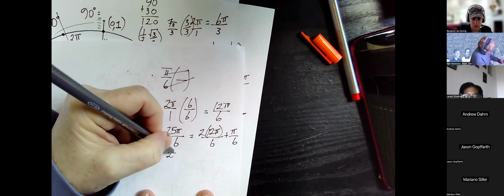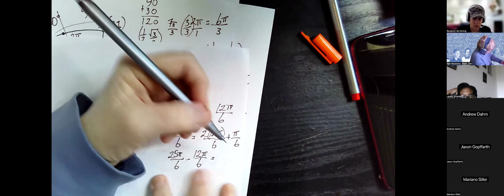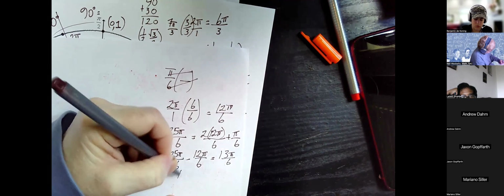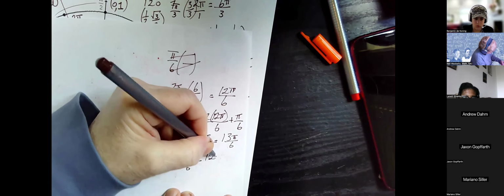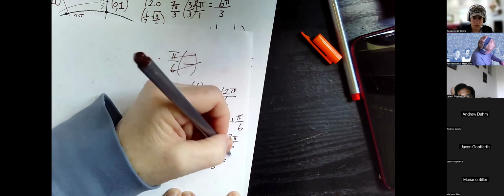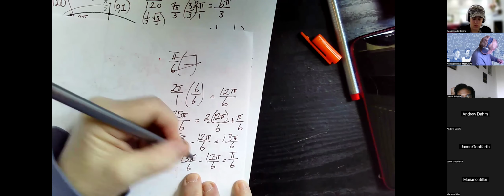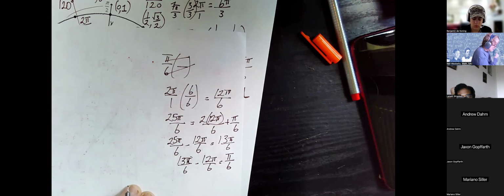So we've got 25 pi over 6 minus one of them, that ends up with 13 pi over 6. And if we subtract again, we get pi over 6. So we know we end up in quadrant 1. And the thing is, exactly as Ben said, we add or subtract multiples of 12 pi over 6.